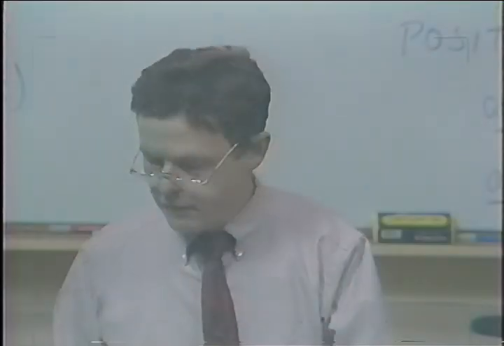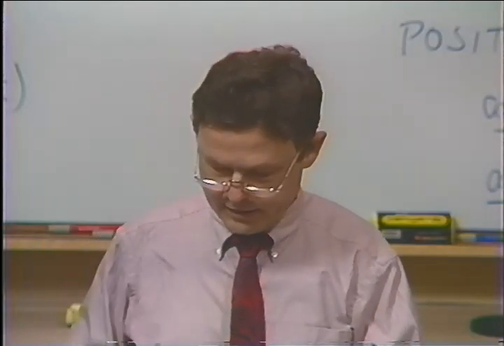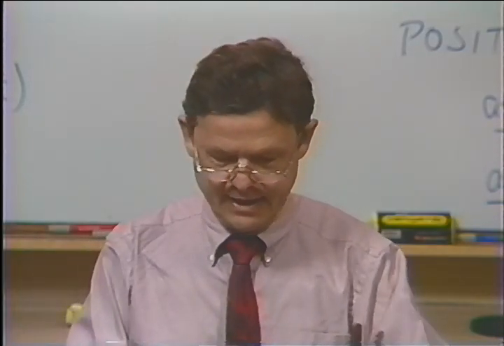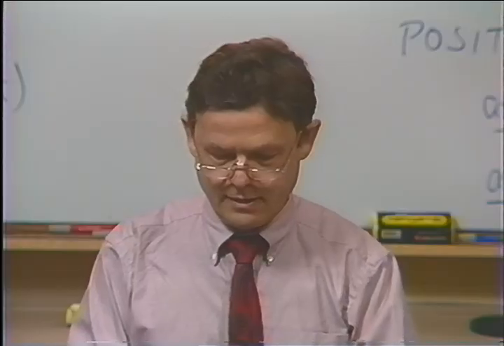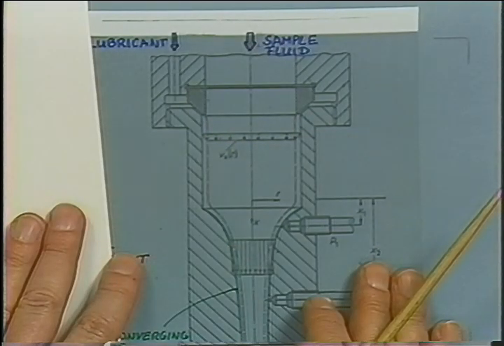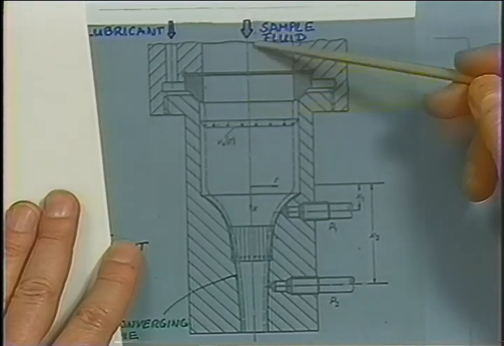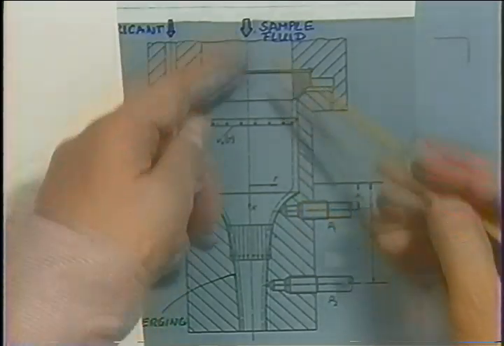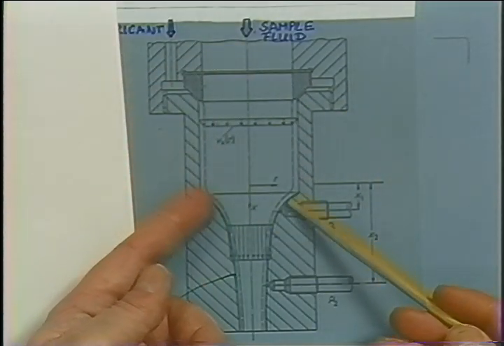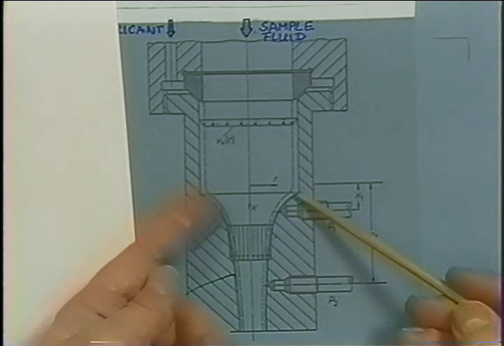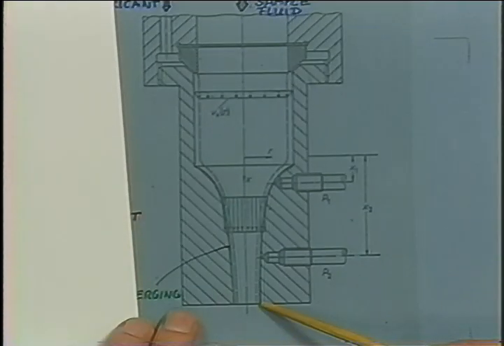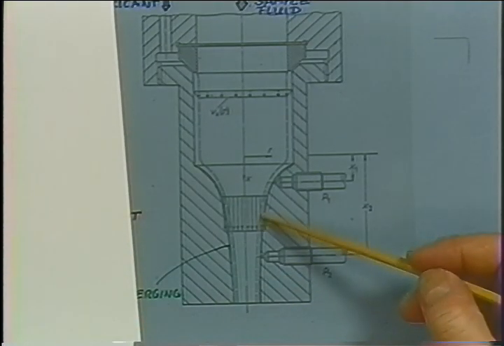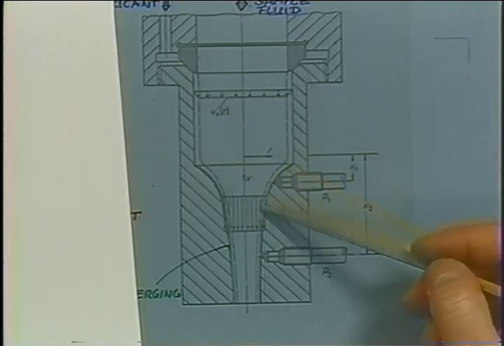How about flow into a contraction? We built a die where we injected fluid on one side. Here, this is our sample fluid. And this sample fluid then is accelerated as it moves through the converging die. We wanted to get rid of the shear stress near the wall, so we entered lubricant on the side.